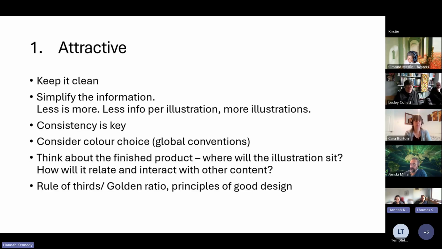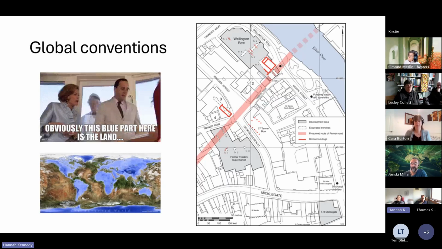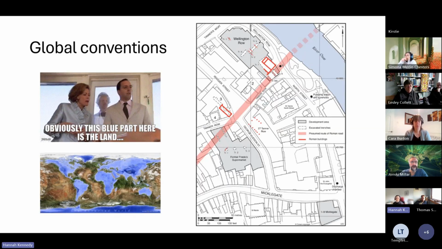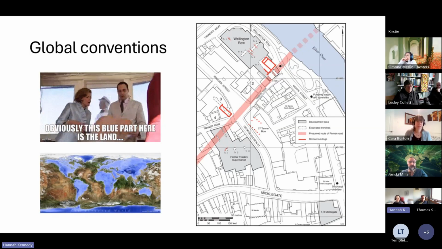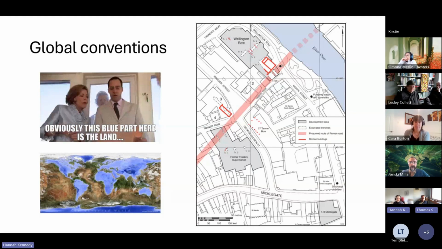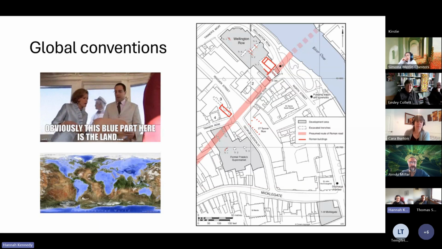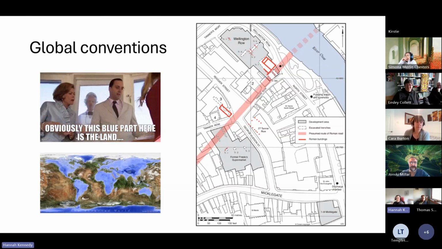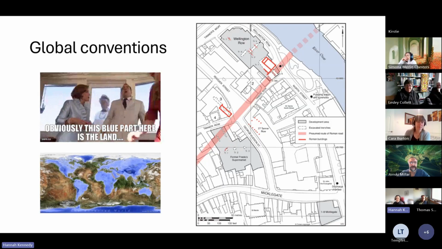I've put in brackets there global conventions. This is, I'll just flick back and forwards, the idea that there are bits of information that transcend our local conventions. So, for example, water is blue. And thank you, Leslie, for the illustration here. It's a really simple concept, but everyone understands that inherently water is blue.